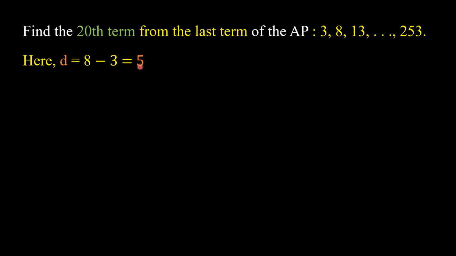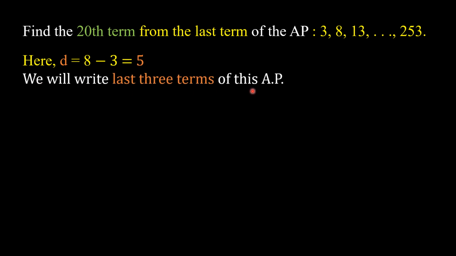So with the help of this common difference, we will write the last three terms of this A.P. So we will write 3, 8, 13. Now 253, which is the last term, minus 5 will be 248. 248 minus 5 will be 243. 243 minus 5 will be 238.